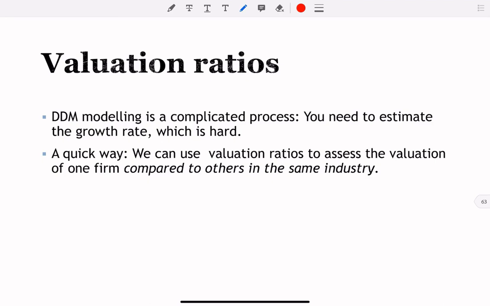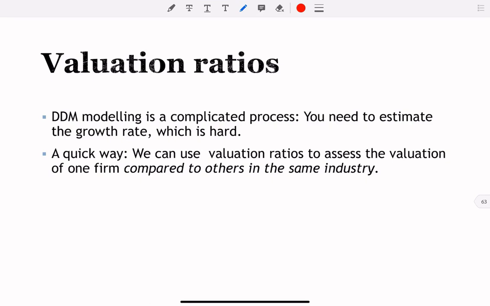Okay, now let's look at valuation ratios. For a lot of retail investors, most of the time, maybe they don't know the dividend discount model or the free cash flow discount model. However, if they have invested for, let's say, 10 years, if they have invested for a long time, most likely they would know some valuation ratios, right?